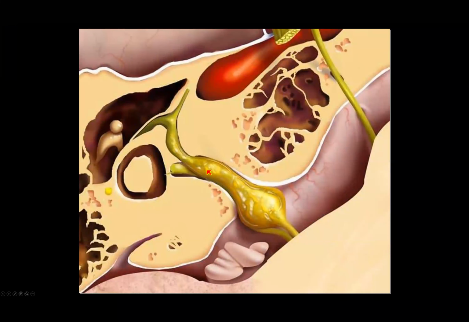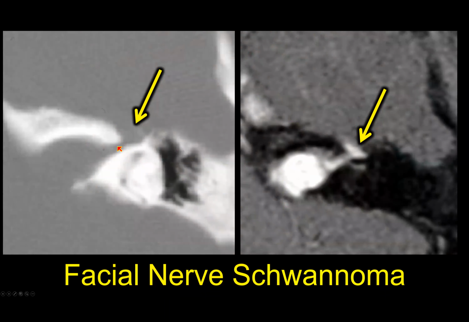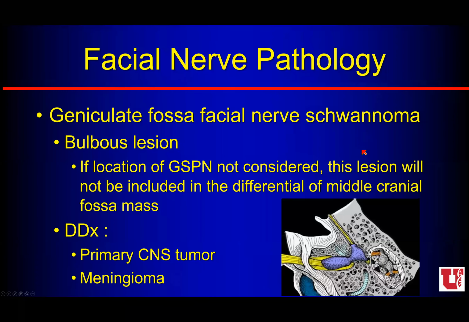So if we think about in this graphic a lesion that is extending along that labyrinthine segment of the facial nerve, if we do a CT and an MR, we may see enlargement of the labyrinthine segment, enlargement of the genicular ganglion, and avid enhancement all the way along that course with a facial nerve schwannoma of the labyrinthine segment. Now, next we have that genicular ganglion or anterior genu.